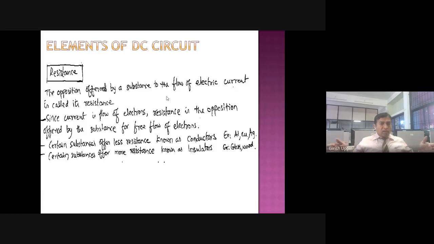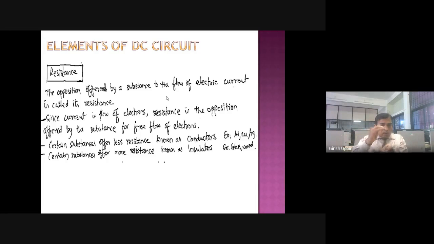When the road gets wider, there is more space for the movement of the vehicles. Similar to that, when the cross section area is bigger, there is more space for the flow of electrons. The electron collisions will relatively reduce when the area is more. So that is why when area is more, the resistance will drop.